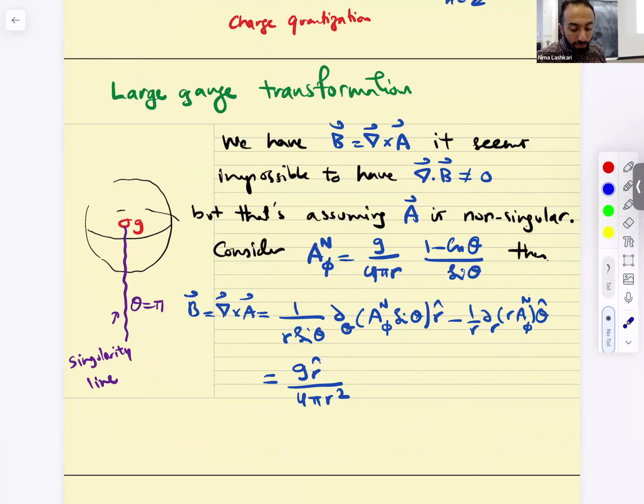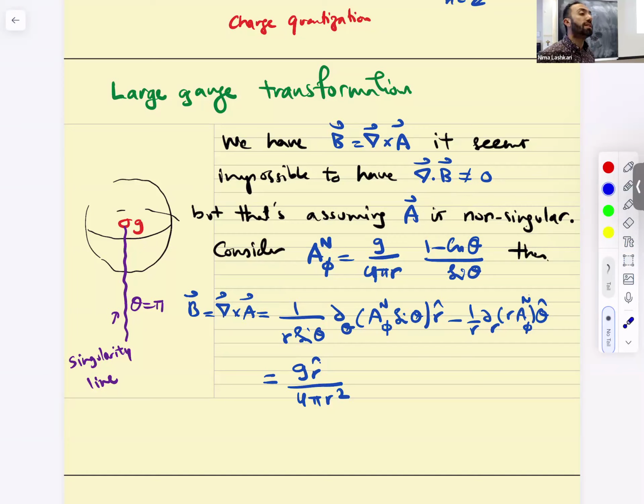So we said, okay, naively, the fact that B has to be the curl of this gauge vector field seems to imply that there can't be magnetic charge density. The divergence of B is 0.